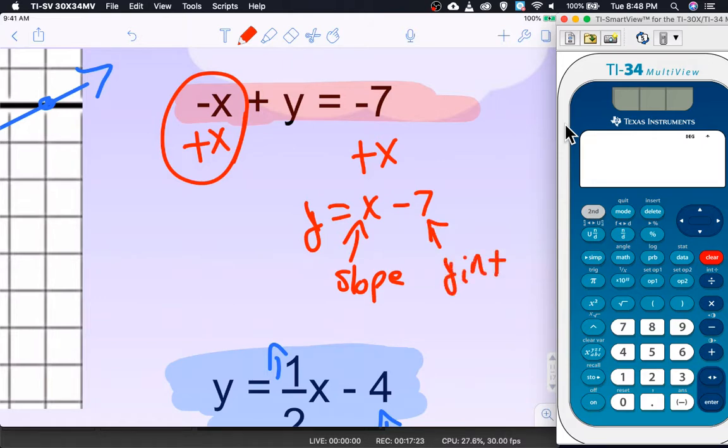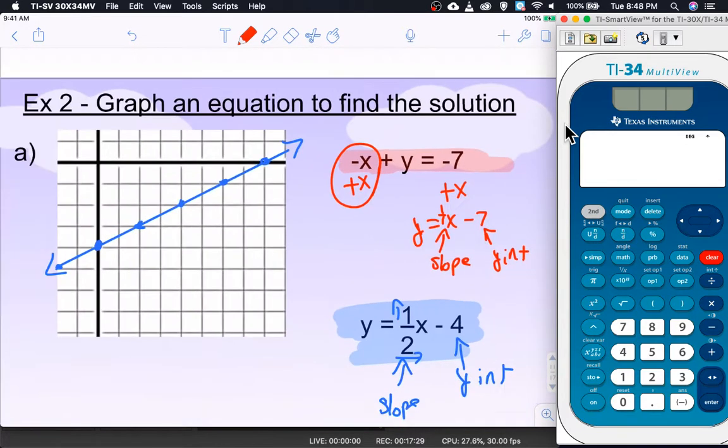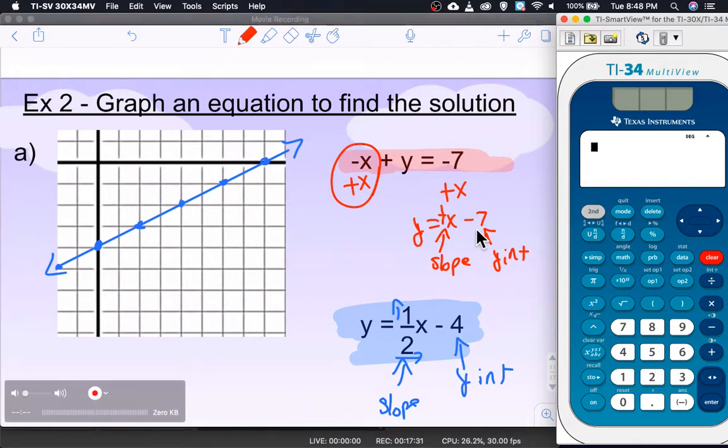In case you don't remember what that slope is, that is the slope of 1, or as a fraction, 1/1. So now my line has a y-intercept of -7: 0, -1, -2, -3, -4, -5, -6, -7 is right there. And my slope is 1.